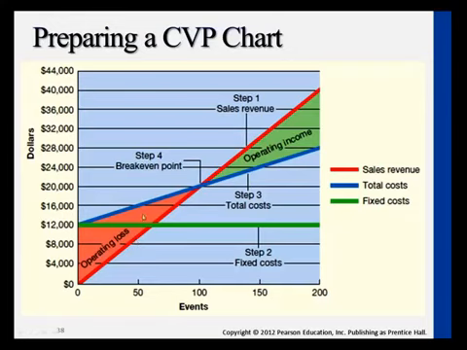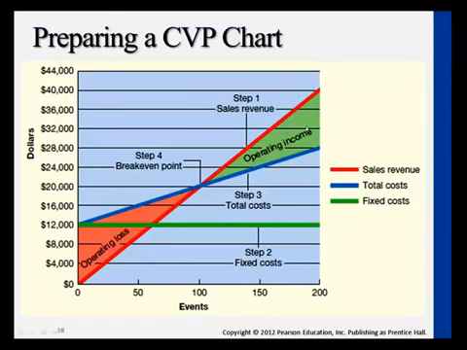Does it make sense? If you forget how this looks, just picture and just make an example. At 50 events, my operating loss is my sales revenue is just over 8,000, but my total costs are at 16,000, right? So it's operating loss.